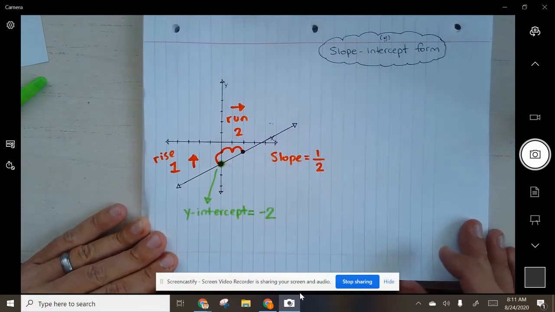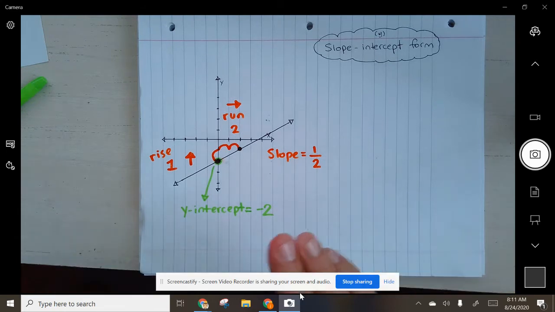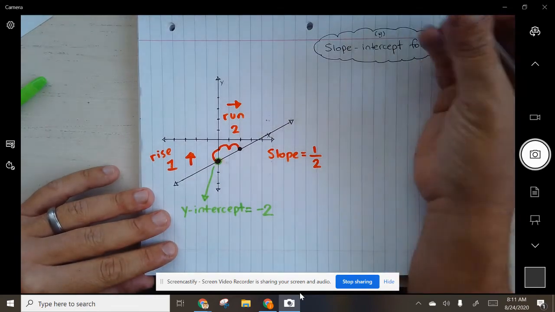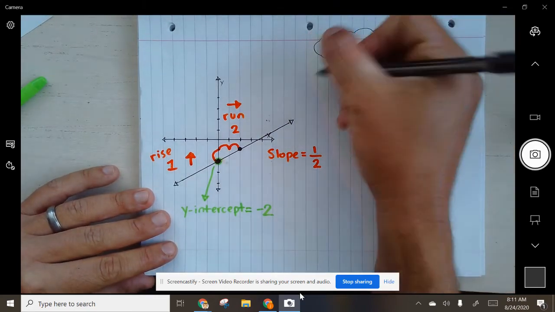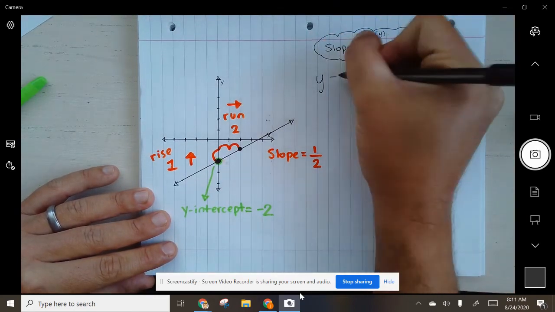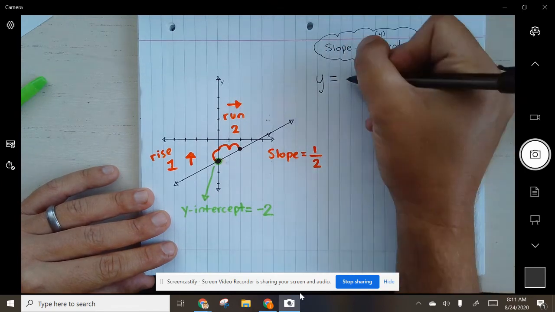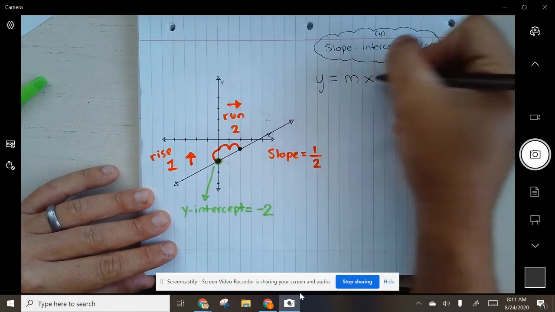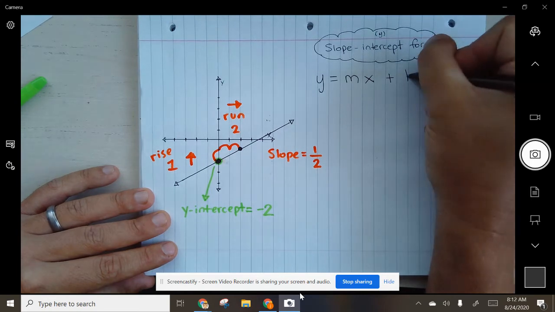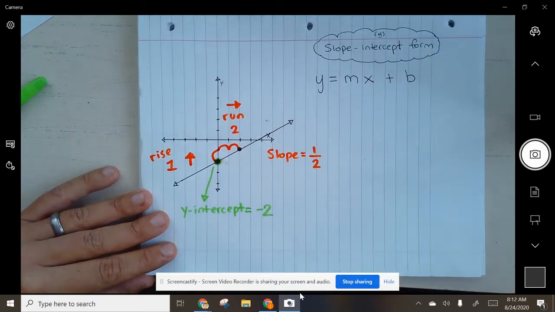Now I'm going to show you something that's a little different, okay? So what I want you to do is write this out, and it's going to look kind of confusing, but it's okay. We're going to get through it. Y equals mx plus b. Write that out.